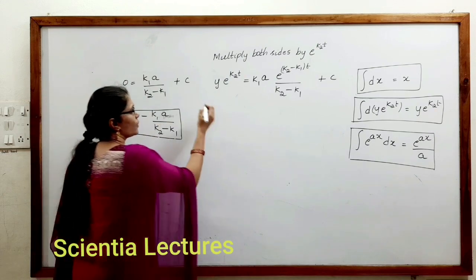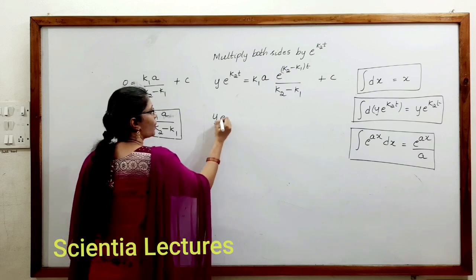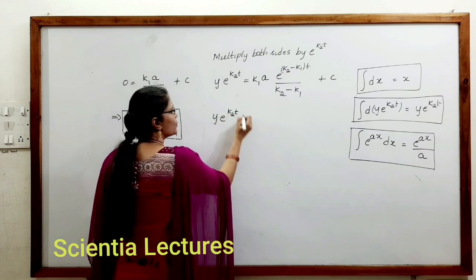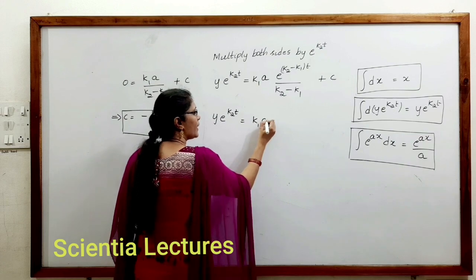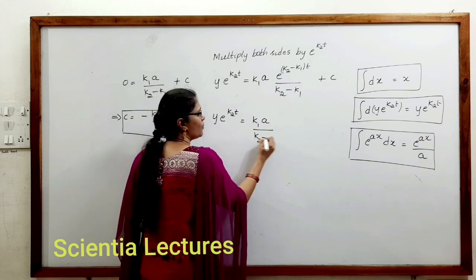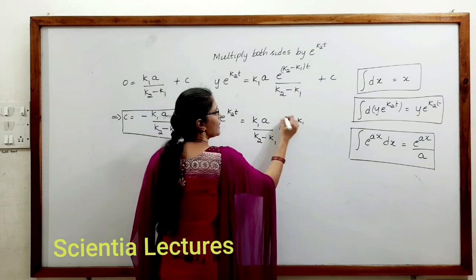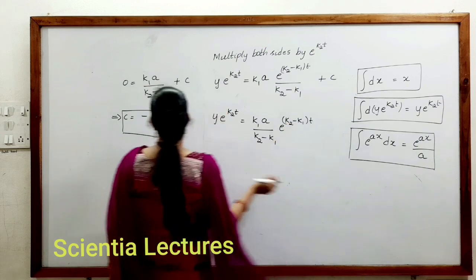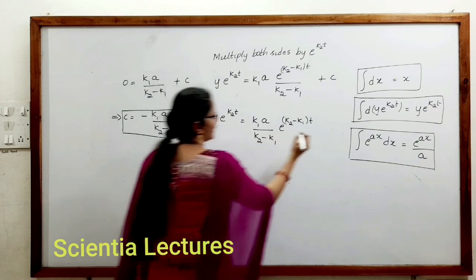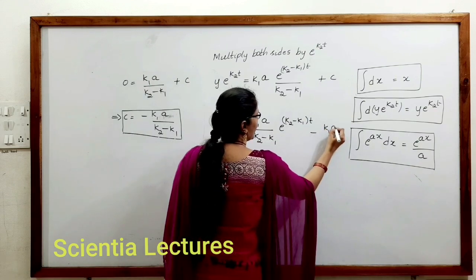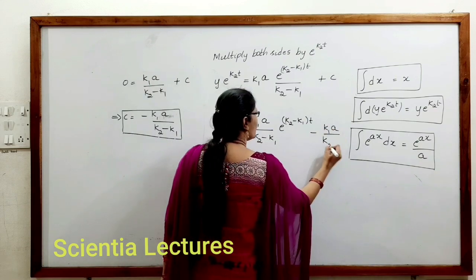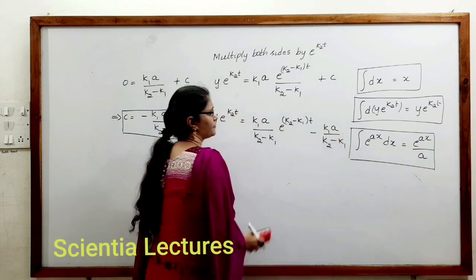Now when we substitute c, we get y e^(k2 t) must be equal to k1 a by (k2 minus k1) into e^((k2 minus k1)t), minus k1 a by (k2 minus k1).